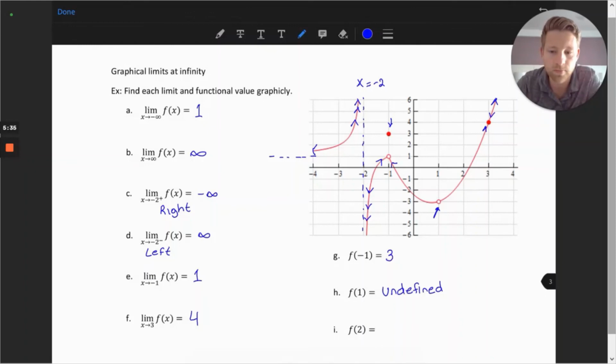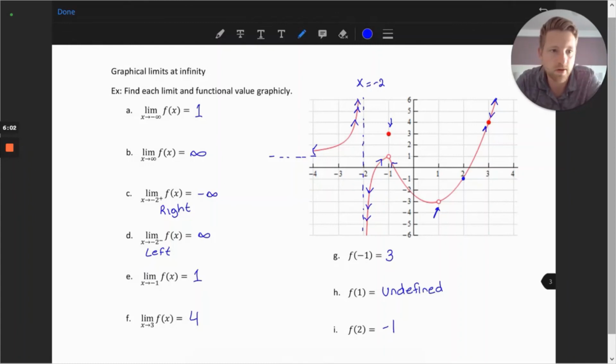And then last but not least, we'll have part I, the functional value at 2. We can see this is approximately negative 1 on our graph. This is a functional value. It's continuous in this region. And we would say that this functional value comes out to negative 1.